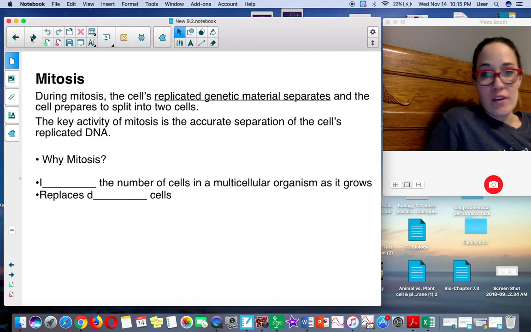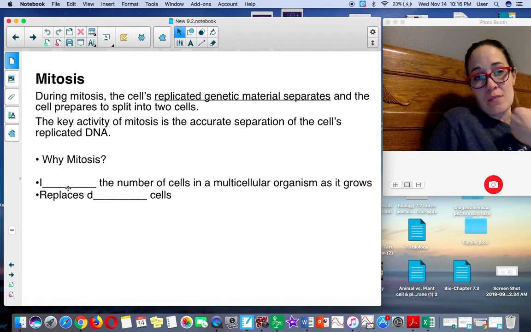Well, one reason is when you were born, I'm guessing you weren't as tall as you are now. To get bigger, to attain mass, we need to increase the number of cells in multicellular organisms like ourselves. As we grow, we need to add cells to make our bodies bigger. So that's one reason for mitosis.